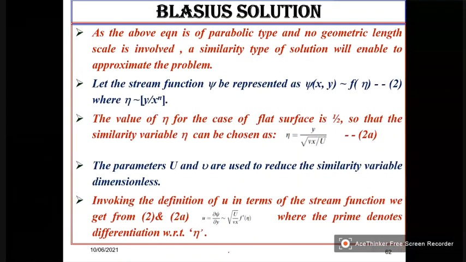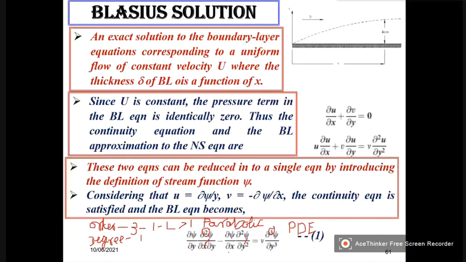So as the above equation is of parabolic type and no geometric length scale is involved, see here everything is in terms of derivatives or differences. This is delta dou y, that means y2 minus y1. So like that everything is a differential one.